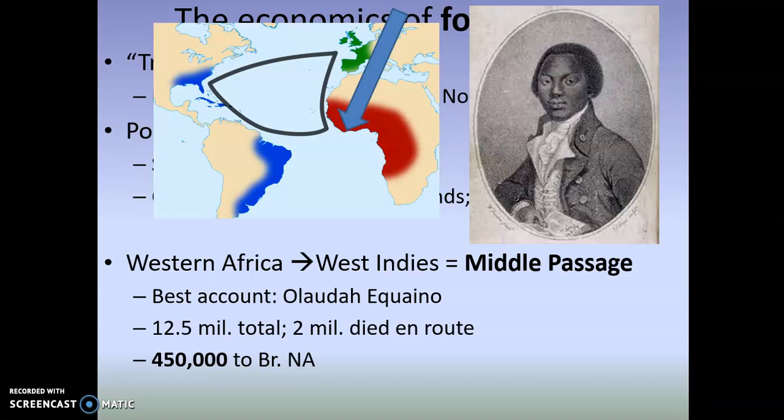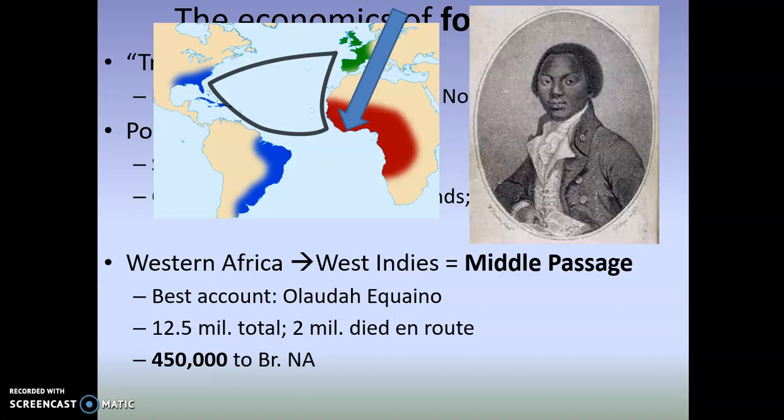And the individual you see on screen, Olaudah Equiano, he published a personal narrative of his time as a slave when he was captured in West Africa, when he was forced to wait on the coast for his forced passage, and then when he was a slave and eventually became free. This personal narrative tells us much about what potential slaves endured on the voyage westward.